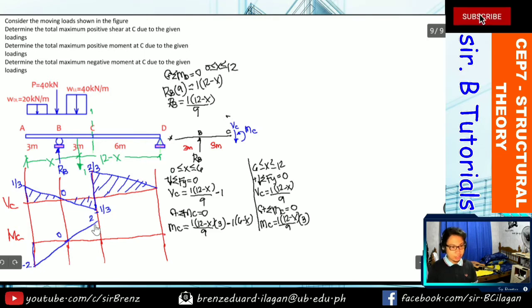And then yung isang equation, tanggalin mo lang yung side na to. So calculate again, 6. So 2 ulit. Calculate at the distance of 12. So that will be equals to 0. Okay. Ganito yung itsura ng kanyang influence line for the moment at point C.